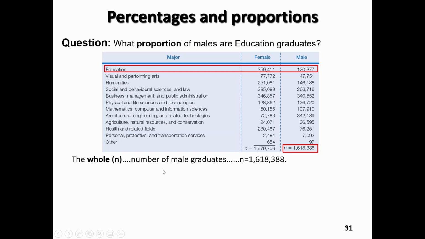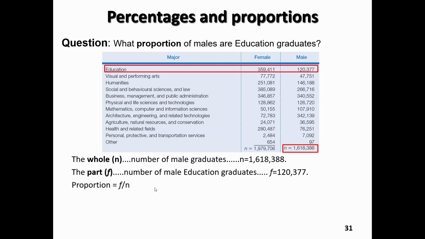So in this case, the whole number, the n, refers to the total number of male graduates, just over 1.6 million. The total frequency of the male education graduates is 120,000, and that was obtained from the raw data that were collected.